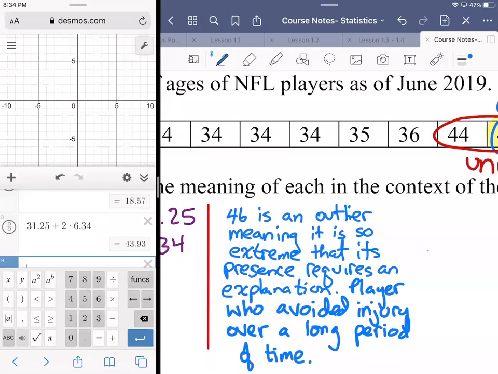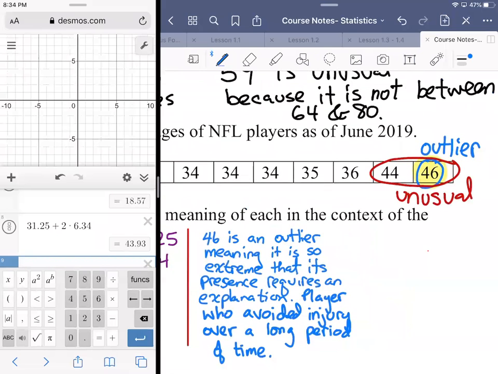I'm trying to keep it in simple terms because I know not everybody is really knowledgeable about football, American football, and even if they were, it doesn't mean that it's a topic of interest. Just trying to speak in general terms, but basically what this means is if a player in a violent sport is able to continue playing in that violent sport to the age of 46, then he must not have gotten hurt. So it actually asks more questions than it answers.